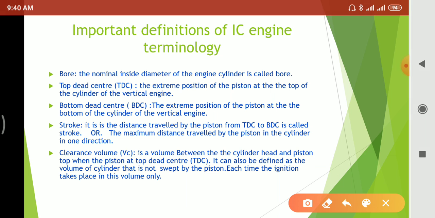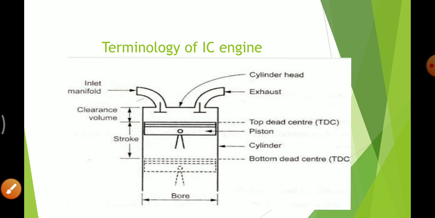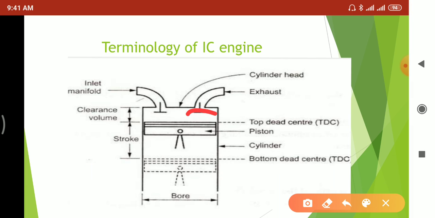Then clearance volume, which is denoted by V suffix c. It is the volume between the cylinder head and the piston top when the piston is at TDC. See here, this is the volume, clearance volume.